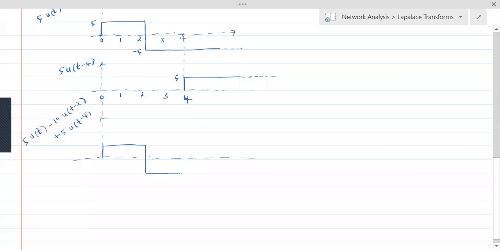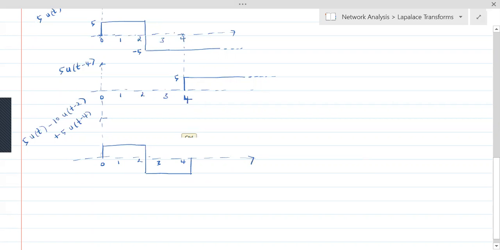From 0 to 4, 0, 1, 2, 3, 4, you have the same signal. From 4 onwards, this is minus 5 and this is 5. So if you add these two, this is what you're going to get.